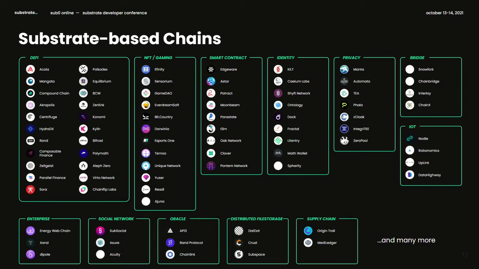But we are also seeing many blockchains that seek to provide compelling functionality to application developers, and even other blockchains, such as in the multi-chain context of Polkadot today. I'm thinking here of the identity projects, the distributed file storage projects, as well as some others that you see here. Bridge projects, for example.